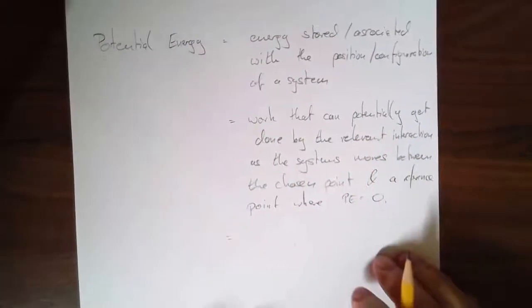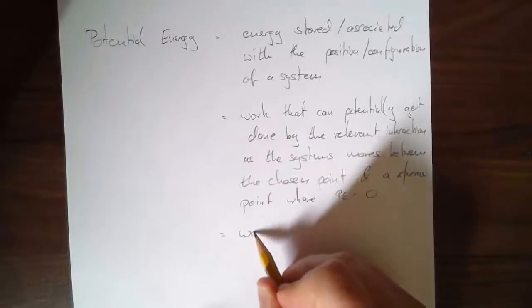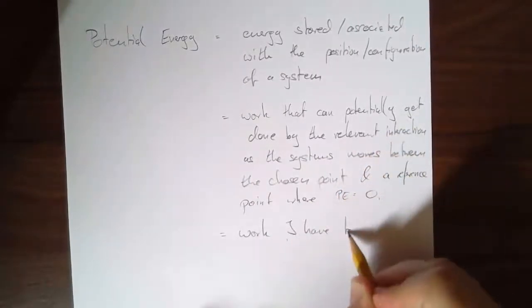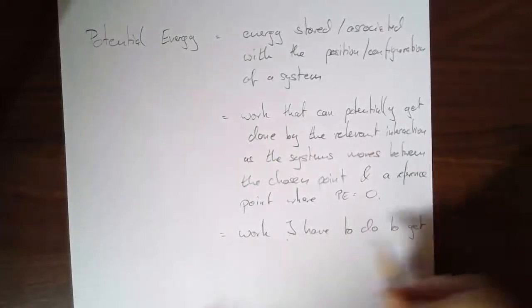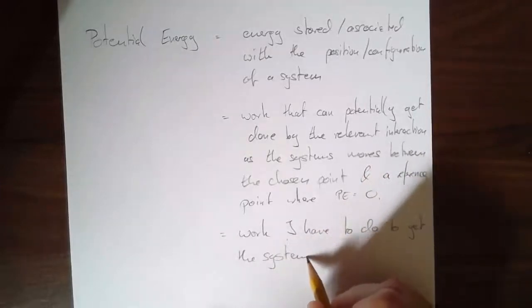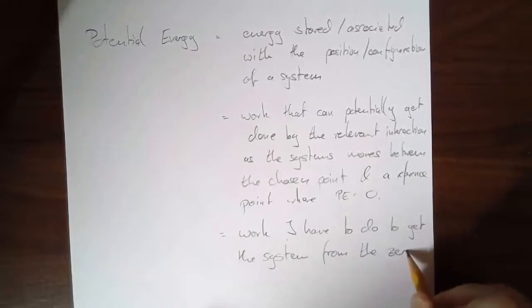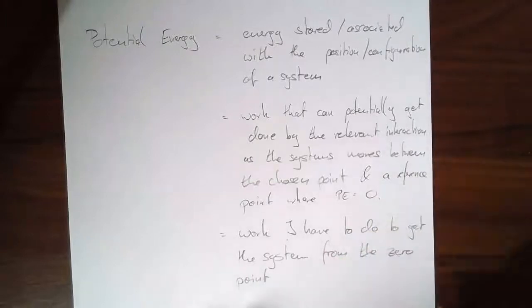So I could also say that it's the work I have to do to get the system from the zero point, meaning where the potential energy is defined to be zero.